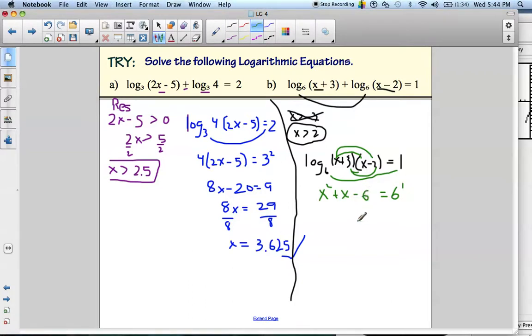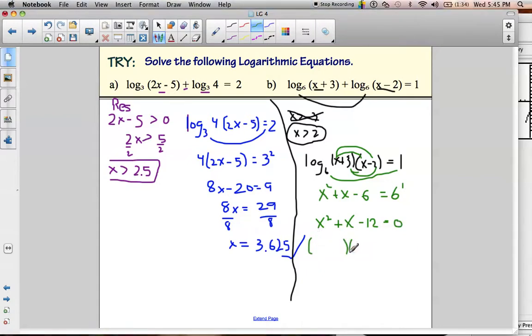All right. Now this 6 got to come over there, so we get x squared. Remember, it's a quadratic. Quadratic's got to equal 0. Minus 12. That positive 6 comes over and becomes minus 6. You want a 0 over here because now we're going to factor to solve.